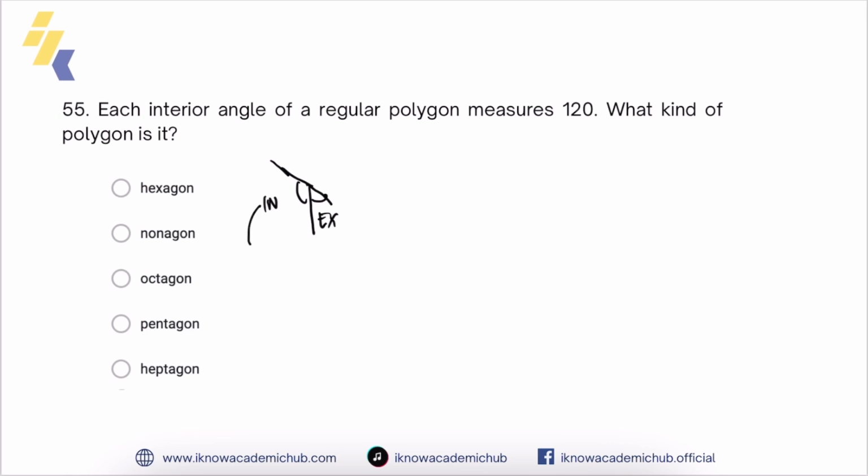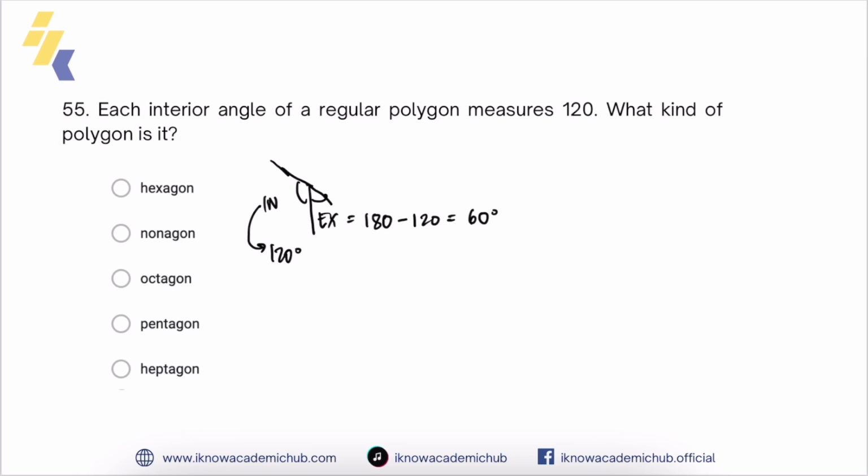So if the interior angle is 120 degrees, the exterior angle is just its supplement. So that is 180 minus 120, that is 60. So each exterior angle measures 60 degrees.